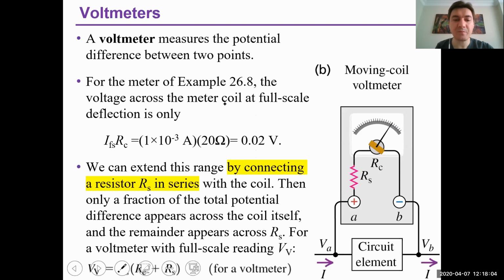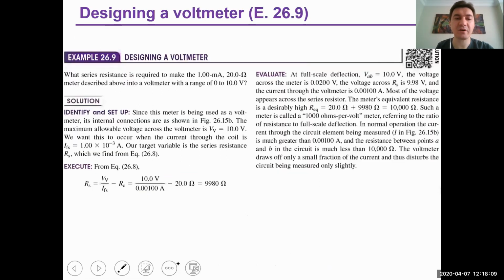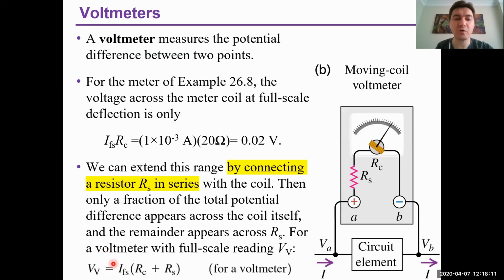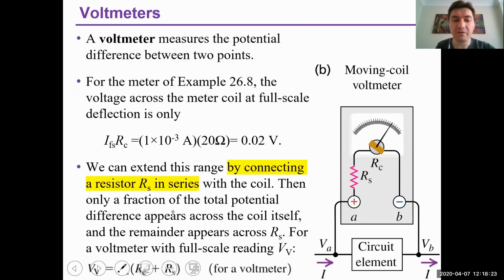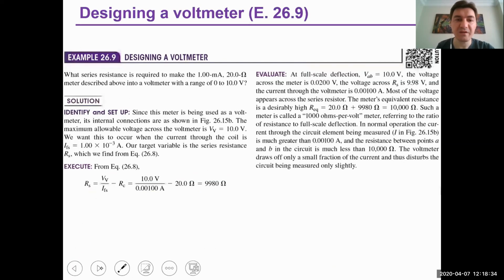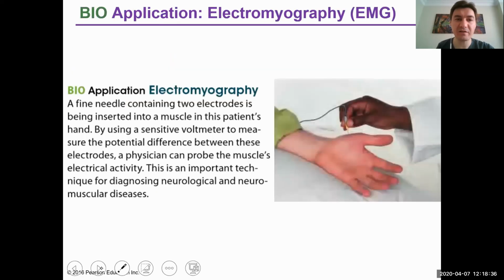Then you have to add a resistor in series. Just apply that formula here, and we can find the series resistor is almost 10 kilo ohm. So you increase the total resistance of the system up to 10 kilo ohm, then you can increase the total measurable voltage of the system.